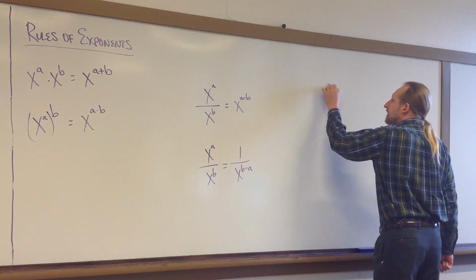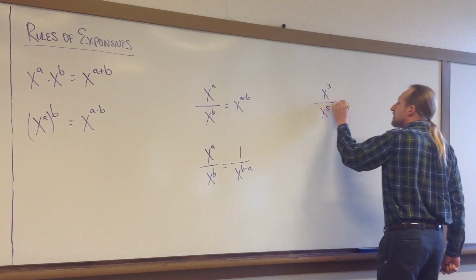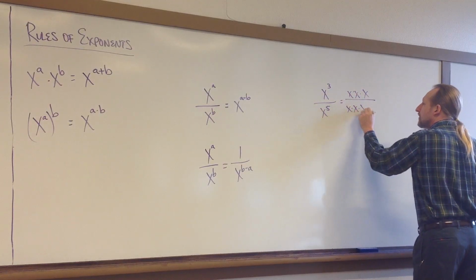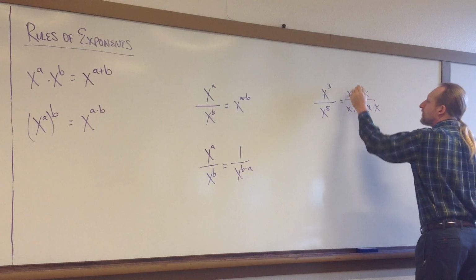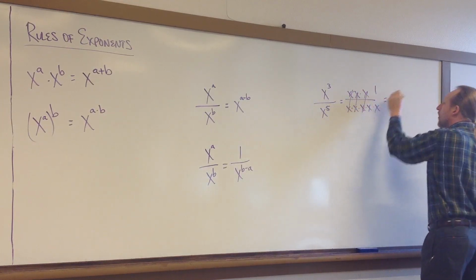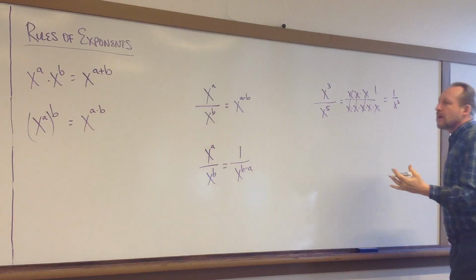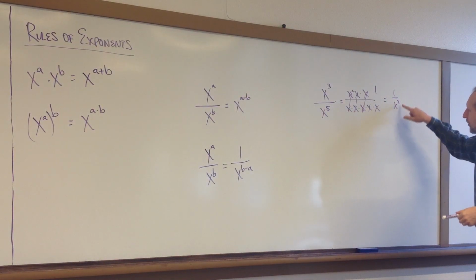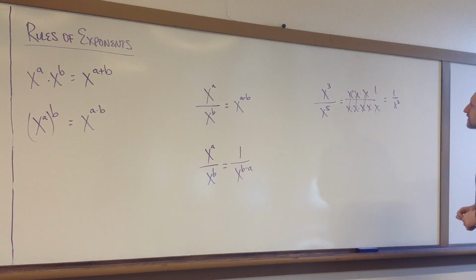Let's say we had x cubed over x to the 5th. There's x cubed, there's x to the 5th. These three cancel, and we're left with 1 over x squared. Okay? So wherever the number is bigger is where you're going to have leftover factors of x.